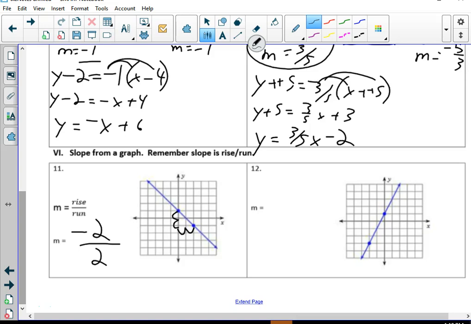So that's the same thing as -1. Now watch. I could have gone the other direction. Up 2, but then left 2. I would still get -1.